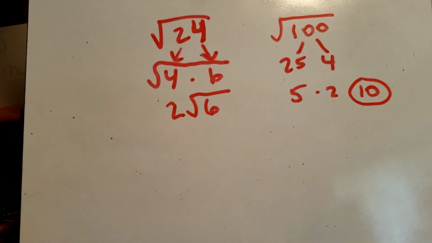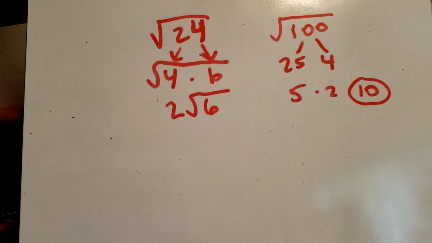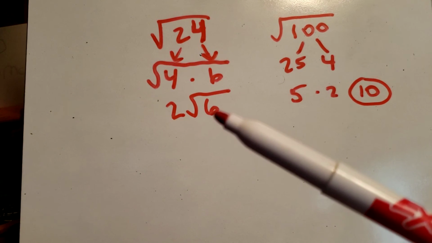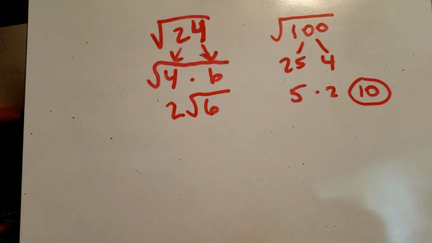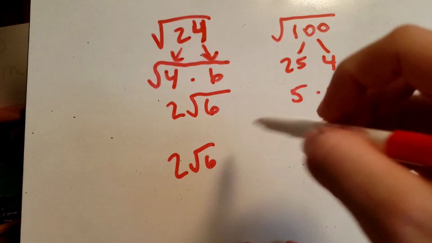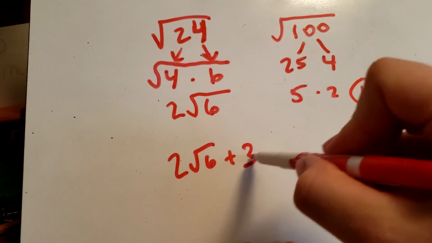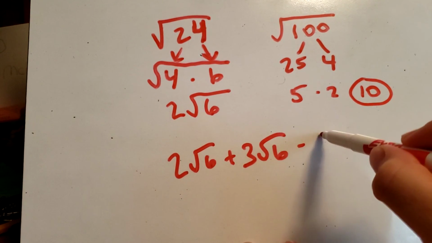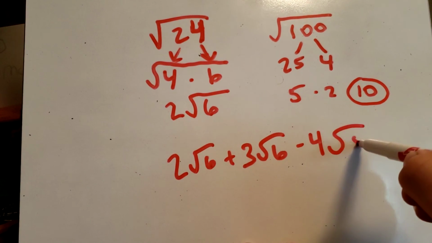The final thing that we're going to talk about is something that we talked about a little bit earlier, if you remember all the way back to when we talked about like terms. Square roots can be considered like terms. So let's say you had 2 root 6 from our last problem plus 3 root 6 minus 4 root 5.